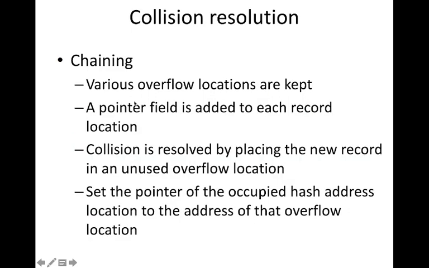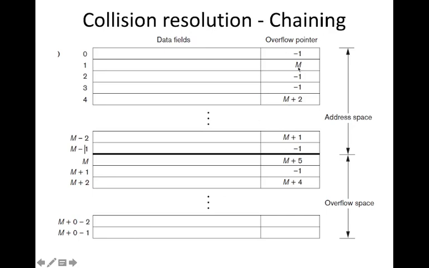So that is what we have written here. A pointer field is added to each record location. Collision is resolved by placing the new record in an unused overflow location, and after placing it there, we set the pointer of the occupied hash address location to the address of that overflow location. That is why we update the address here.